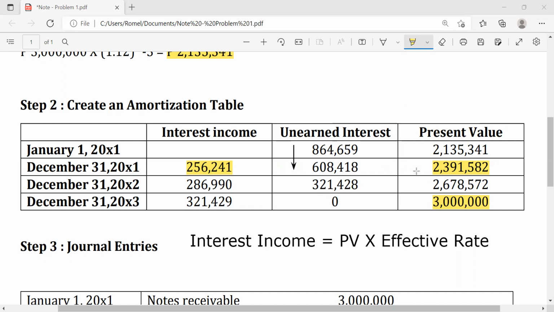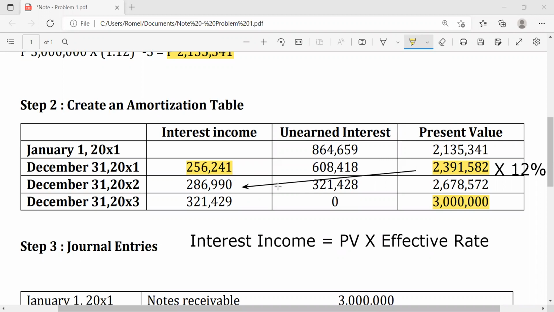So, when you do it again, try to multiply 2,391,582 by 12%. Kung i-multiply nyo to by 12%, the answer will be 286,990 pesos. And then, anong effect ng interest income?